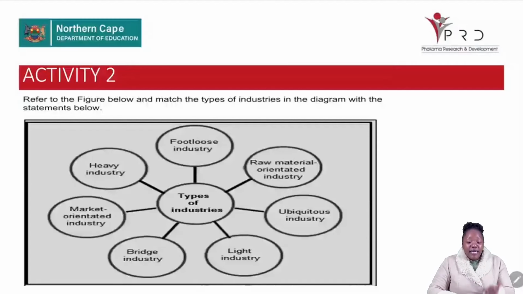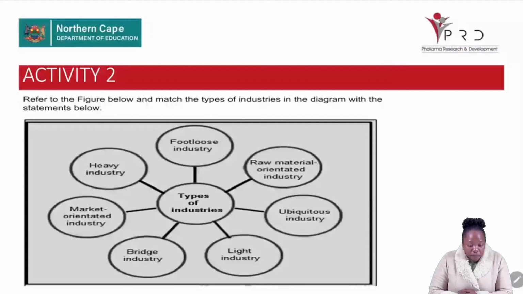Secondly, the industries that can be located anywhere and are not restricted by the location of the market or the raw materials. Third question, the industries that can be located anywhere, again, without an effect from factors such as resources or transport. Question number 4, the industries located between the source of raw material and the market, which is the consumer.